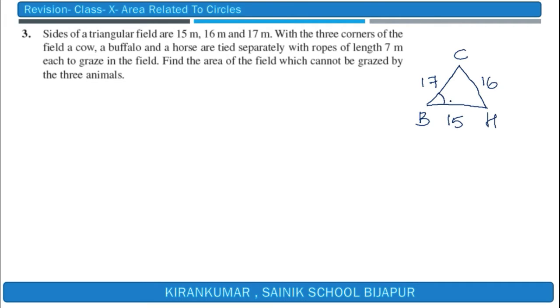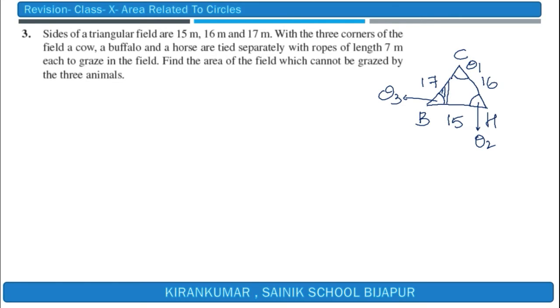Let me consider the angle which is formed as, say, theta 1. Here it is theta 2. Here it is theta 3. Now I am going to shade this part.